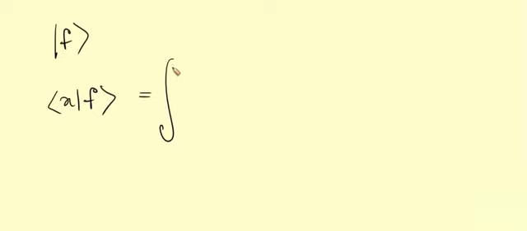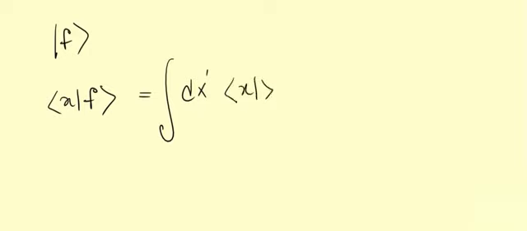So I'm not writing the limit explicitly, and this means that it is well understood that I'm only working within the limits where this function, that is this projection of the vector f, is well defined. So what I'm going to do now is introduce the completeness relation.